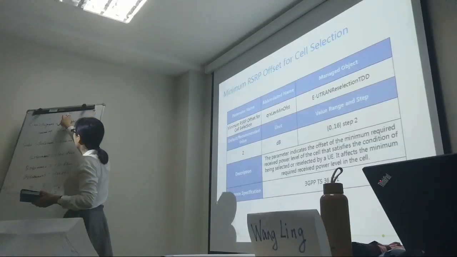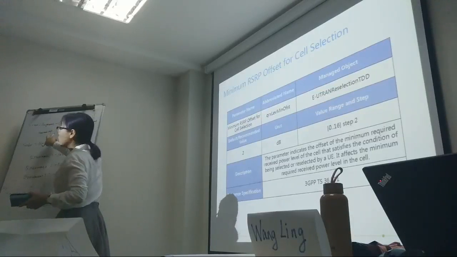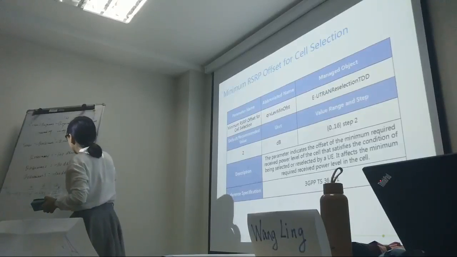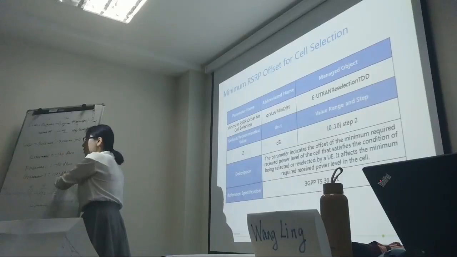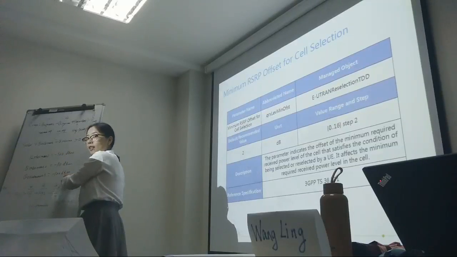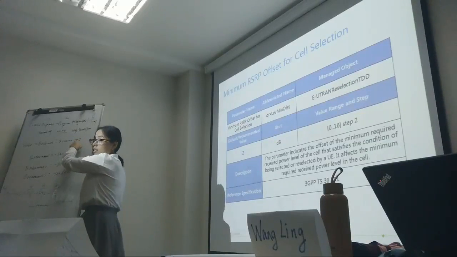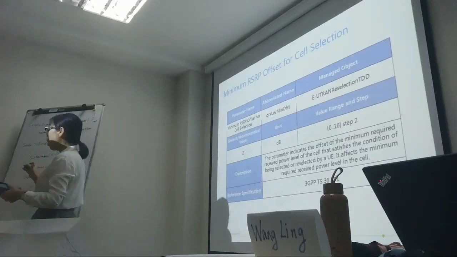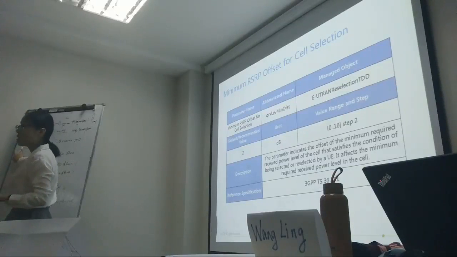Here is also minus 120, so now it's equal to 0. It cannot, because it must be greater than 0. If it's less than that, it's also cannot. If it's greater, this will be greater than 0 and it's okay. So this is the basic. When we talk about whether it's okay or not, this value should be greater than 0.